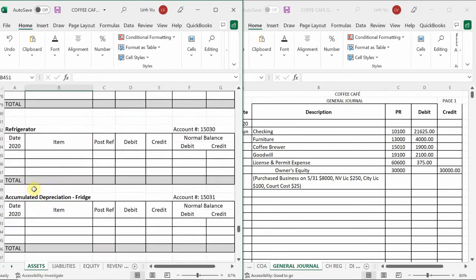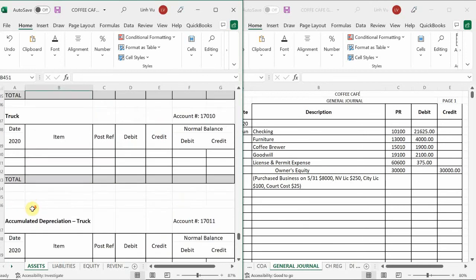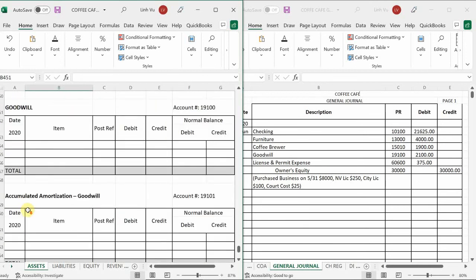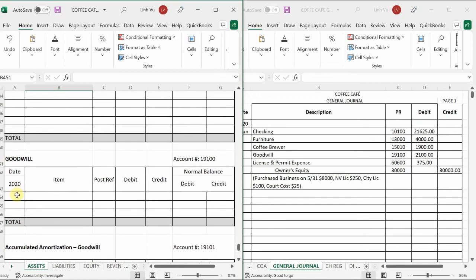Next thing here, I got some goodwill. Goodwill is going to be close to the bottom here. So here's goodwill. Purchased business name, and we got it for $2,100.